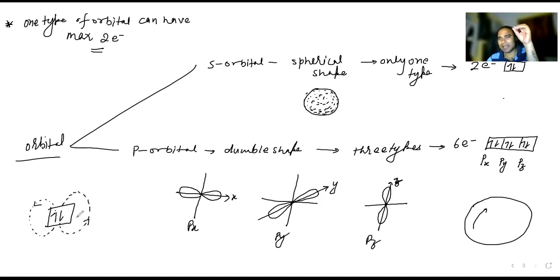Every charged particle has its own electric field, right? And the electric field has a direction, positive to negative. If they have the same direction, they are going to strike out. So two electrons, one has positive spin, plus half, and another has minus half. Getting my point?